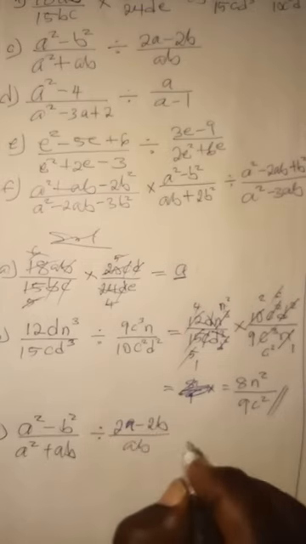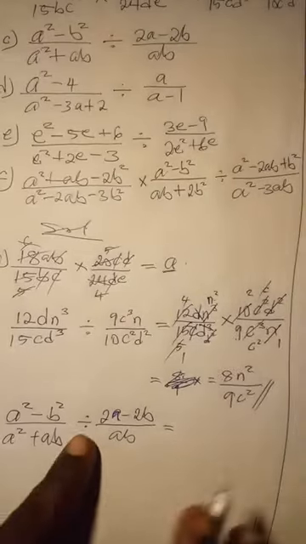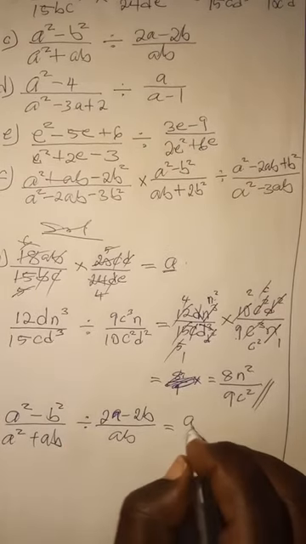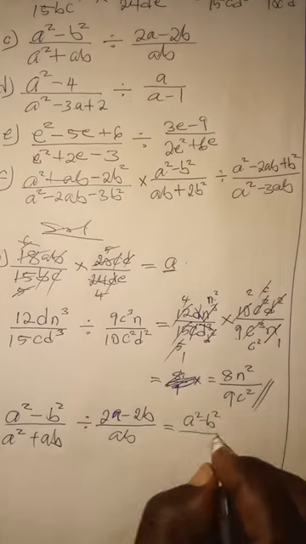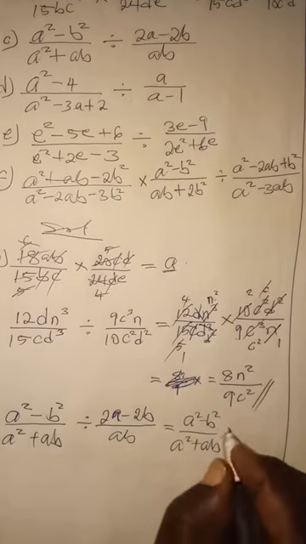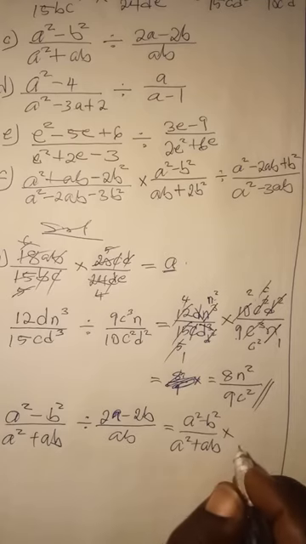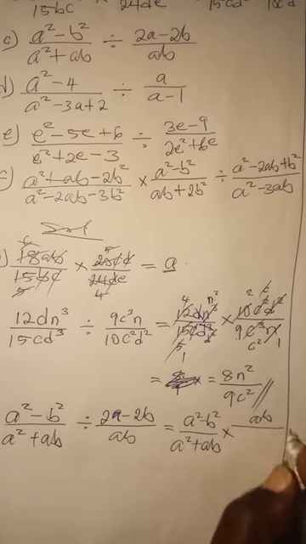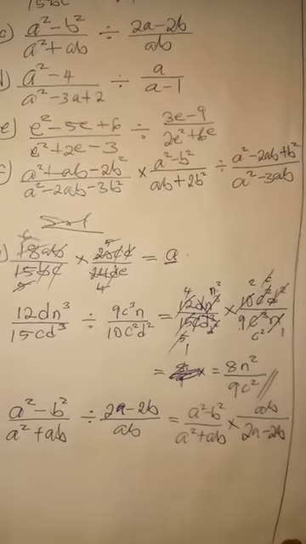As usual, you change this division to multiplication. So I'm going to have a squared minus b squared over a squared plus ab times, by inverting, ab over 2a minus 2b. See, this is quite simple.